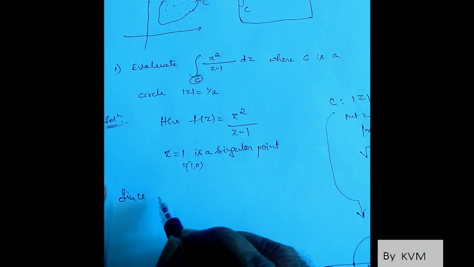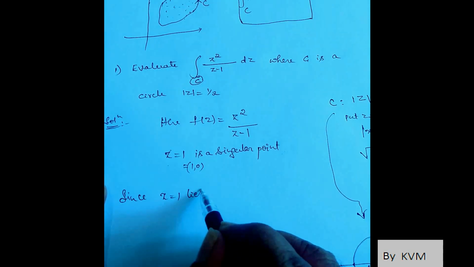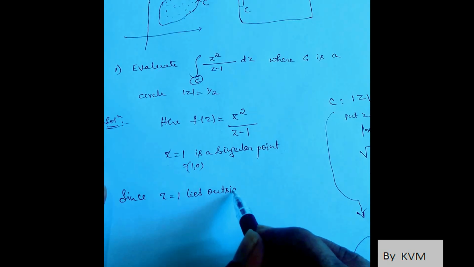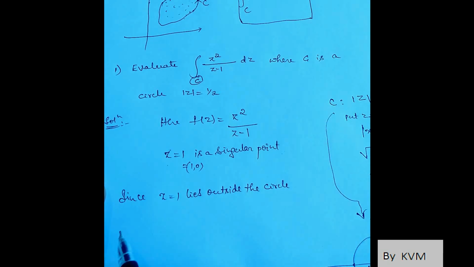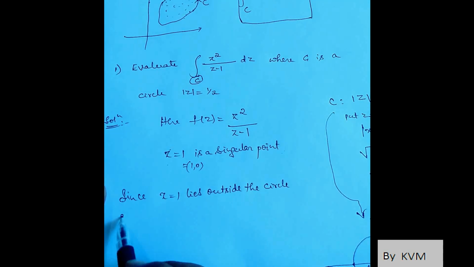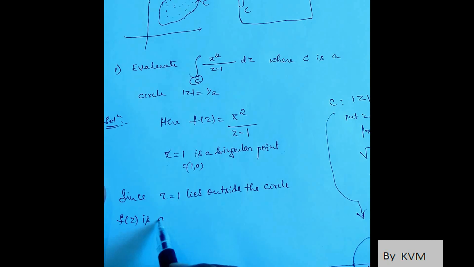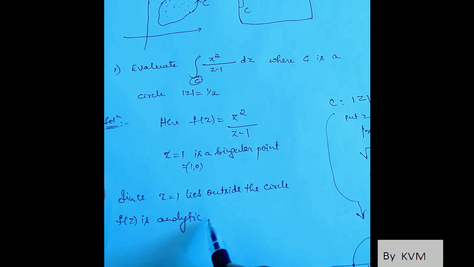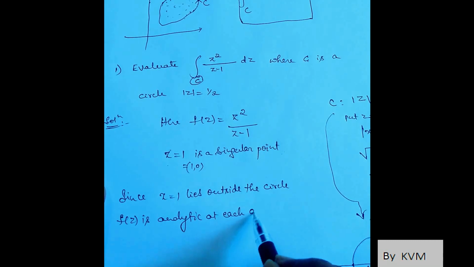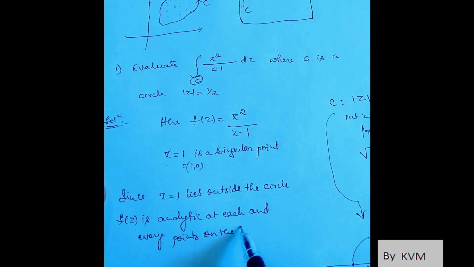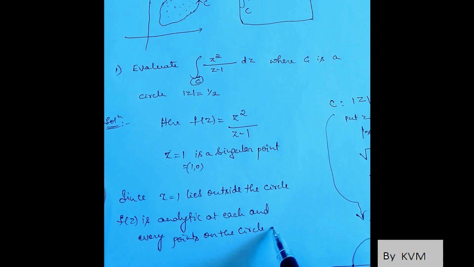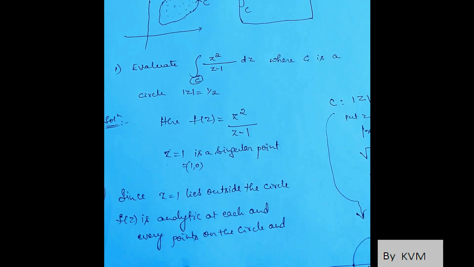So therefore, by Cauchy's theorem, you can write, since z equals 1 lies outside the circle, f of z is analytic at each and every point on the circle and inside the circle.